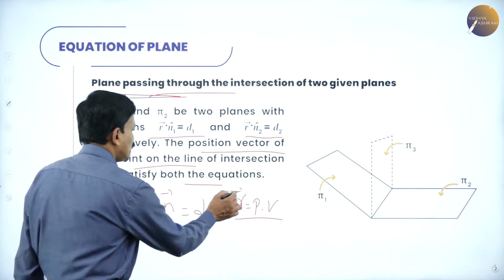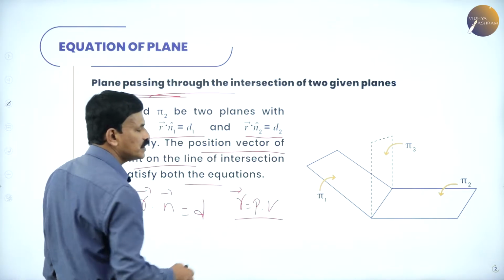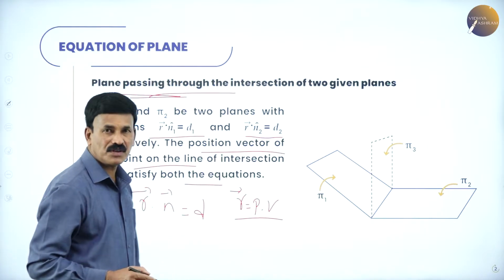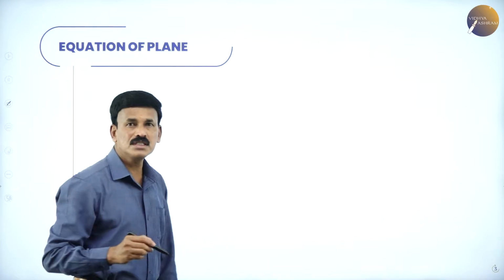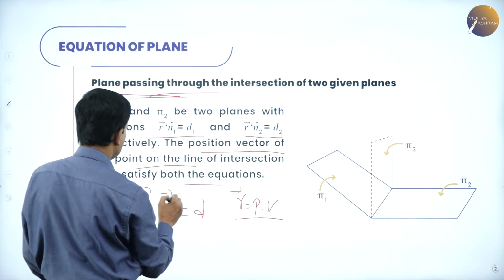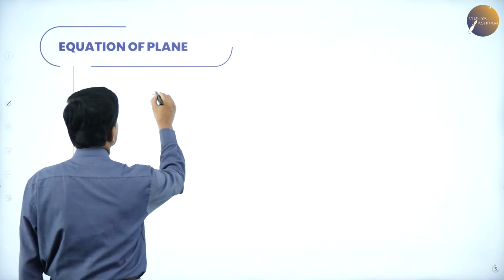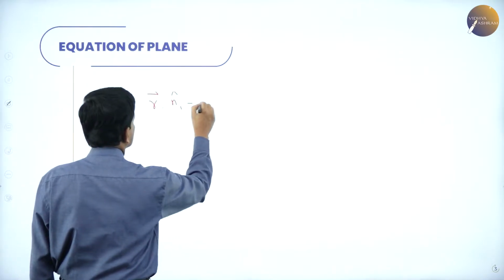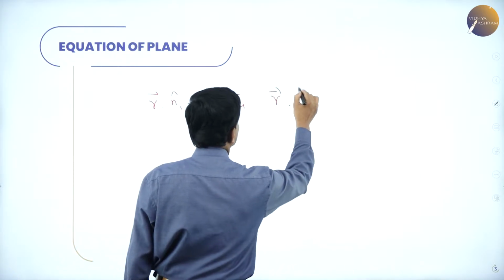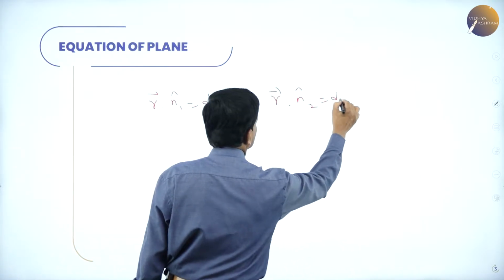Let r be the position vector of any point P on the plane, then it should satisfy the conditions. Listen, I'll write. The equations of the planes are r dot n1 is equal to d1 and r dot n2 is equal to d2.